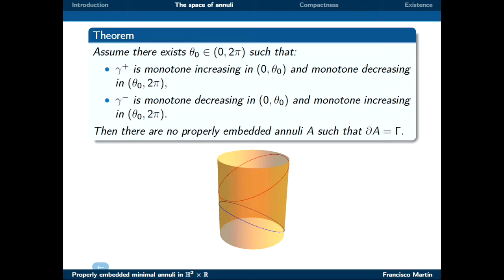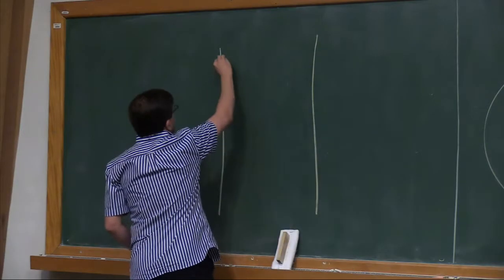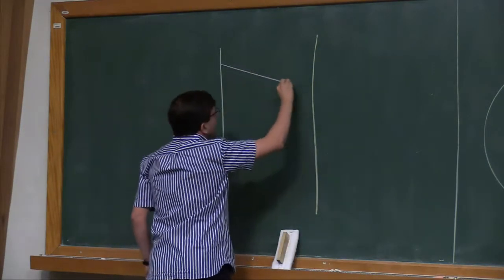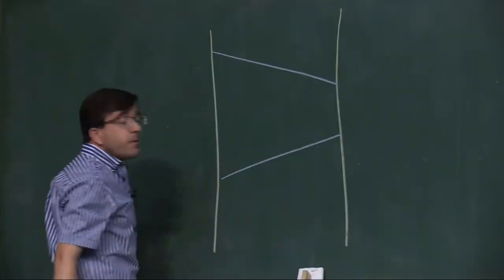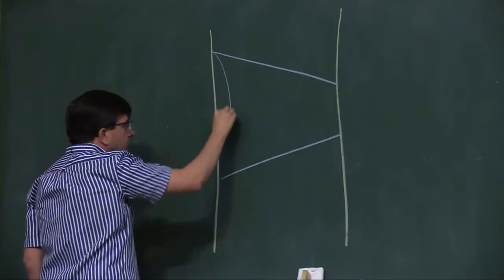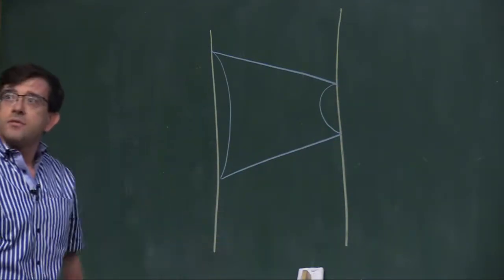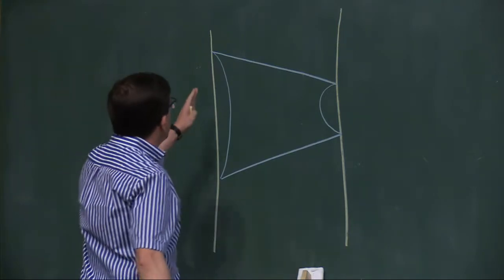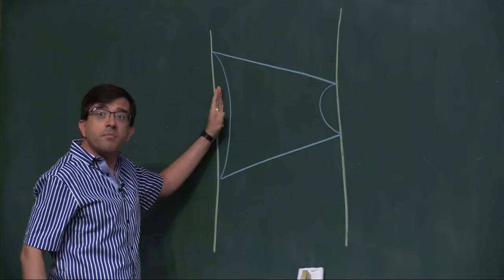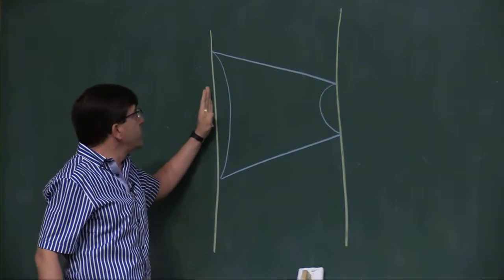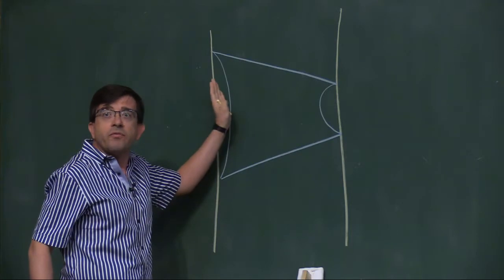And the idea is also very simple. It's just a consequence of the moving plane method. So imagine that you have this boundary, and you have a minimal annulus that spans this configuration. Then you consider vertical, totally geodesic planes, and then you start to reflect from this point and use Alexandrov reflection.